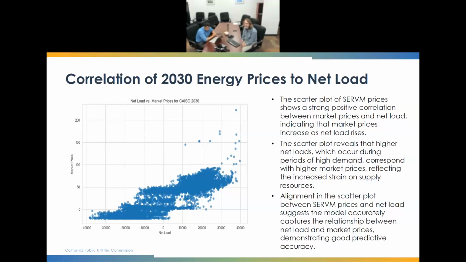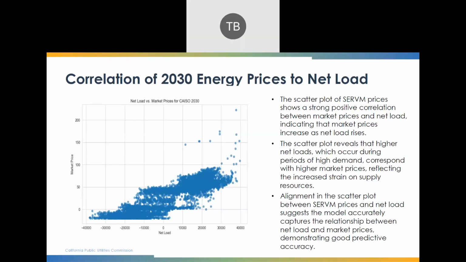And my final question is on this last slide here. How do you get a net load of negative 40,000 megawatts? I've never seen a net load that negative. How is that possible?